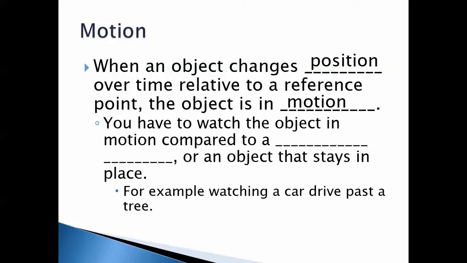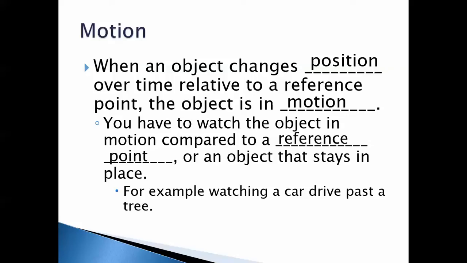If I'm standing in the hallway and I watch somebody walking past me, I can be the reference point, and that person walking past me is in motion. Or I can watch somebody walking past a locker, so I can see them moving with a fixed reference point. You have to watch the object in motion compared to a reference point. Otherwise, it seems like the object stays in place.